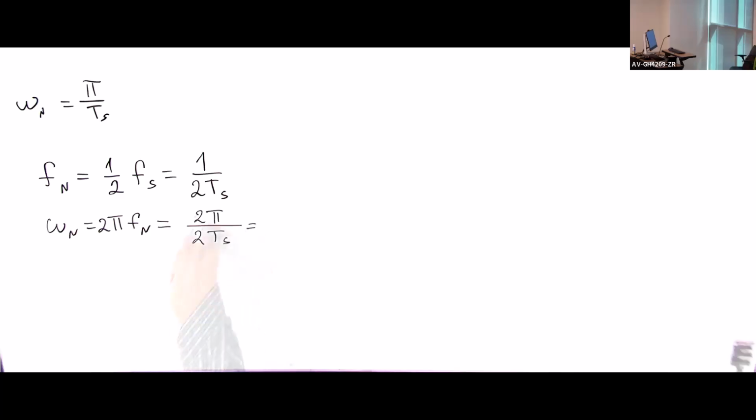The 2 will cancel. It's pi divided by ts. You get the same thing as that formula. Practically speaking, saying that is the same thing as saying just Nyquist frequency. So this is the angular Nyquist frequency. Any questions on that?